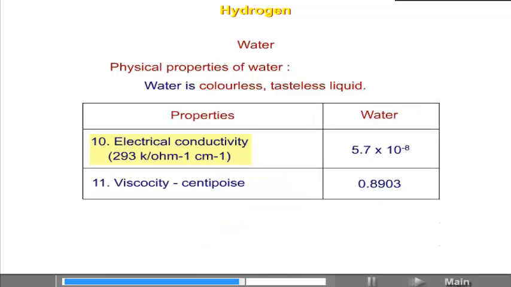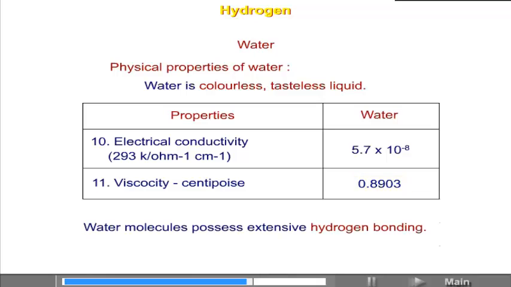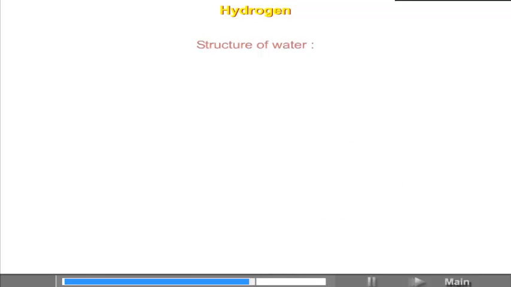Electrical conductivity at 293 Kelvin per ohm per centimeter 5.7 into 10 raised to minus 8. Viscosity in centipoise 0.8903. Water molecules possess extensive hydrogen bonding.